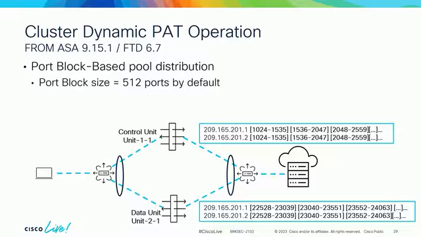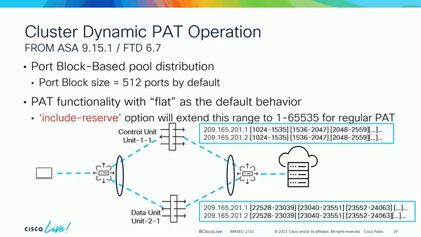And the second major change that was introduced is that now flat is the default behavior. So XLATEs are going to be built by using the ephemeral port range from 1024 to 65,000. And this can be expanded if we enable the include-reserve keyword.